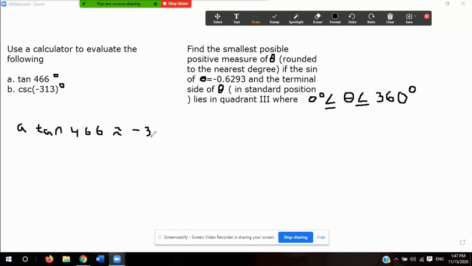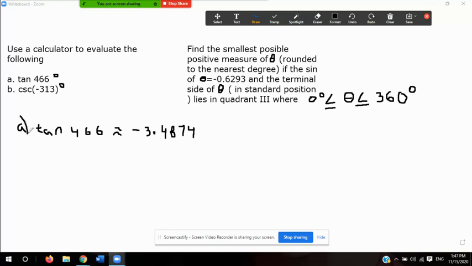Again, I used a calculator to find the value of the tangent of 466. Okay, now this is example 9A.